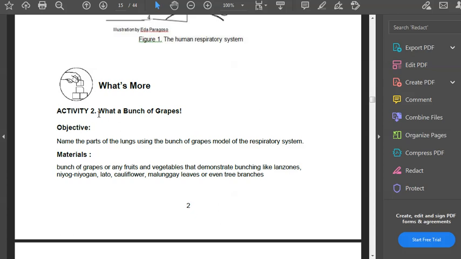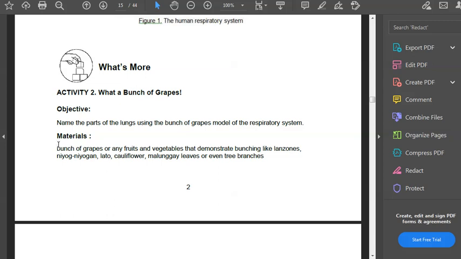Okay. This is activity number 2 titled, What a Bunch of Grapes. What is the objective? We have to name the parts of the lungs using the bunch of grapes model of the respiratory system. Kung wala tayo grapes, kay mahal man ang grapes, other fruits and vegetables are okay to use.